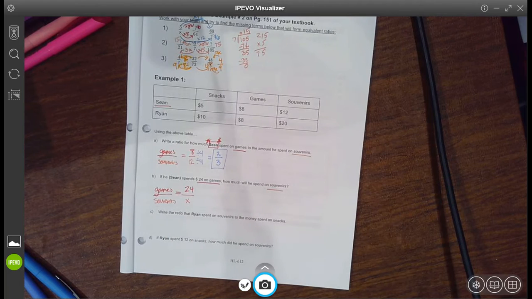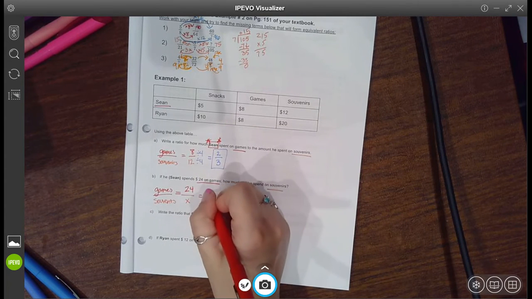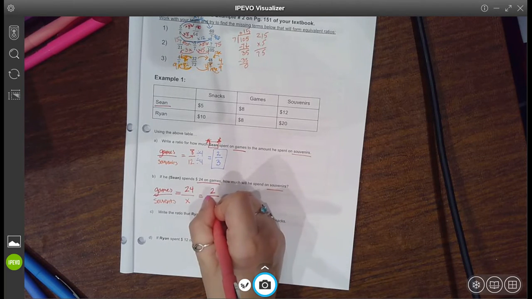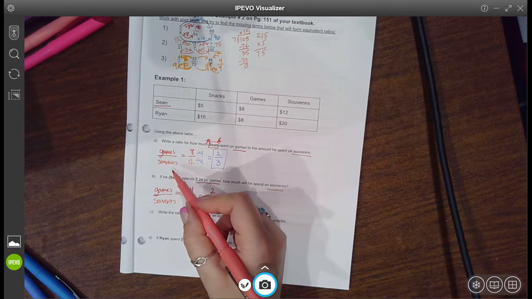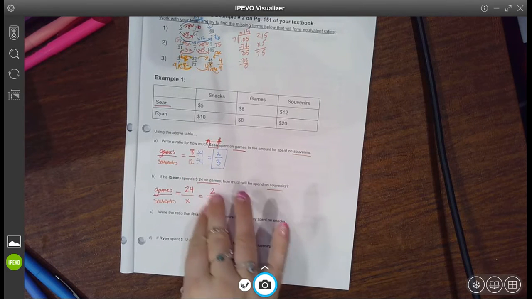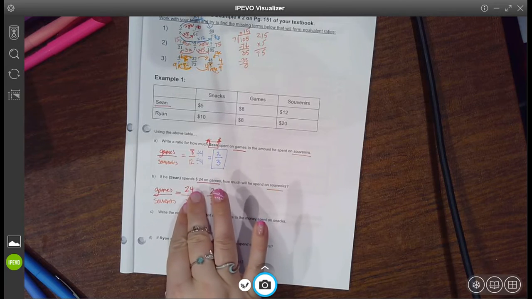So let's have that be a variable. Okay, I'm going to use my ratio that I already know. I know that the ratio of games to souvenirs is in a 2 to 3 ratio, right? When games is 2, he spends $3 on souvenirs. So now that I have this, I can use that to help me figure out this.